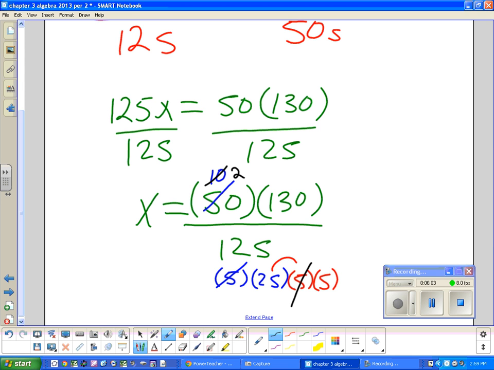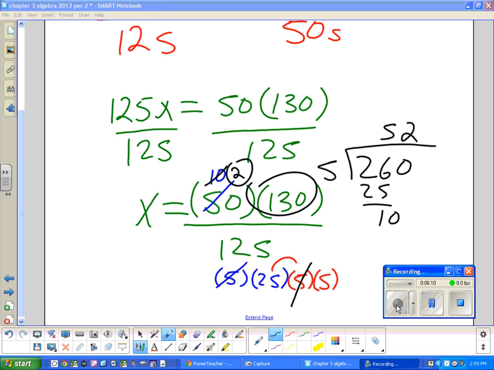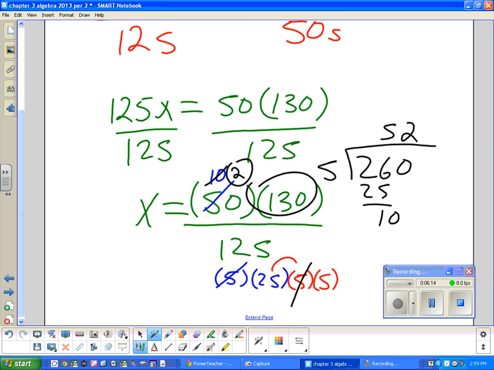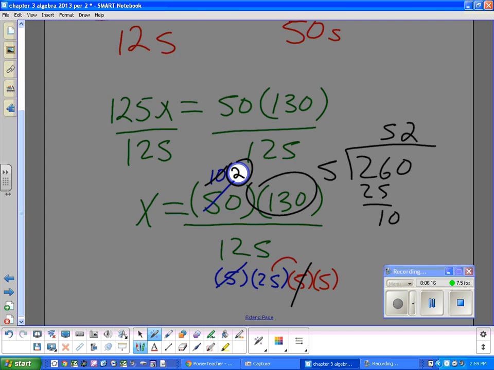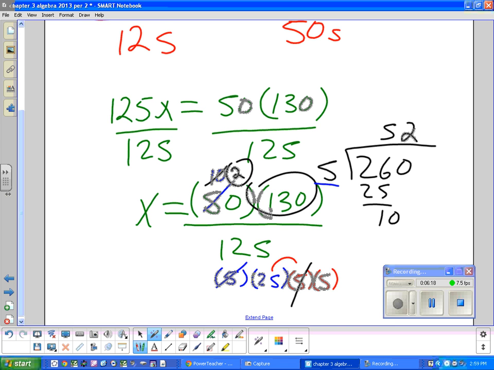We could also divide by 5 by 130, but let's just do the multiplication and division right now. When you do the multiplication, on top you get 2 times the 130 to get 260, and then divide that by this 5, and this is the division over here, and you get 52.